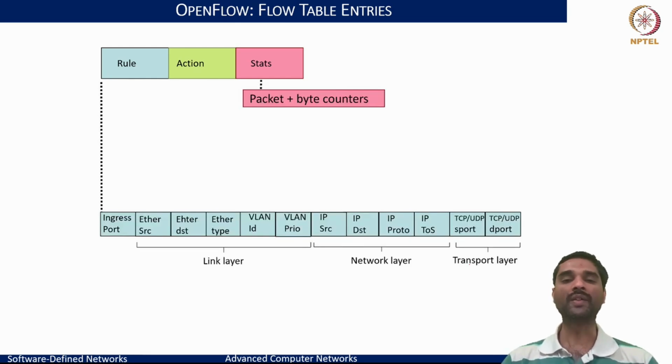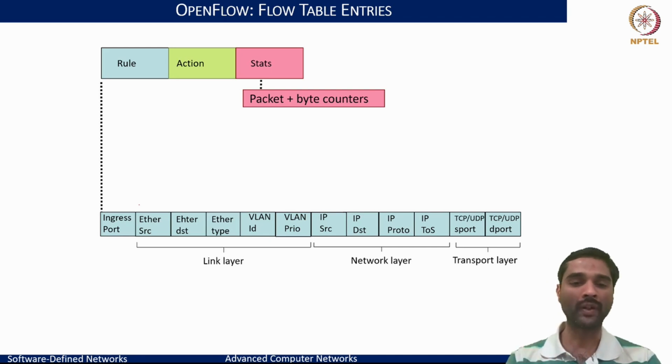When a packet comes in, you want to know on which particular port the packet came in for that device, and that's called the ingress port. And when a packet came, what does its layer 2 header look like? The Ethernet source, Ethernet destination, Ethernet type, and including the layer 2.5, like the VLAN ID and VLAN priority bits, can also be checked to see whether there is a match on any of these fields.